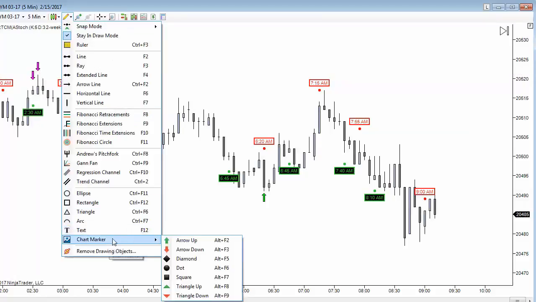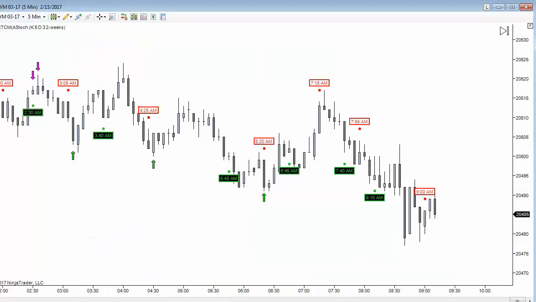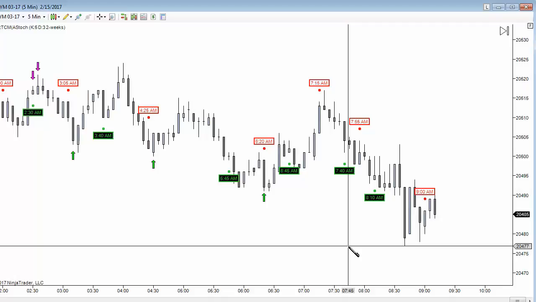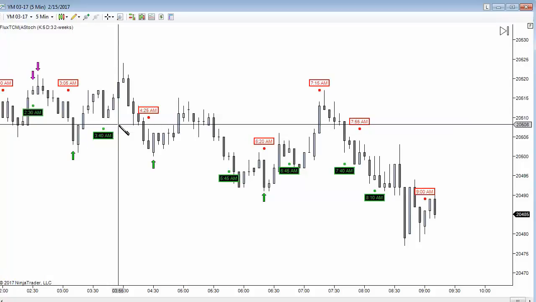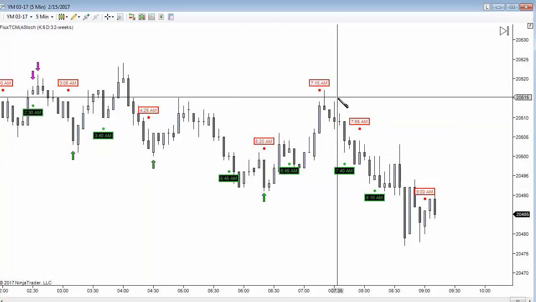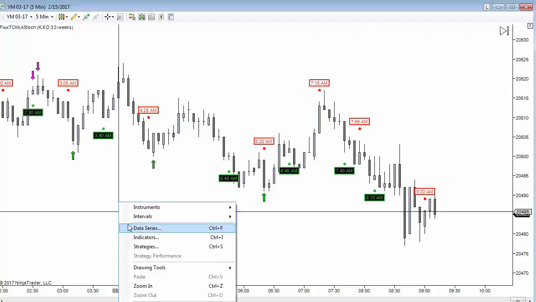And I'm just filling in the pattern 4s and 5s here real quick. So the stochastic with a 3-5 on a 5-minute chart is giving me signals at almost every one of the pivots, at least half of them. And I'm seeing the kinds of reactions I want to see.